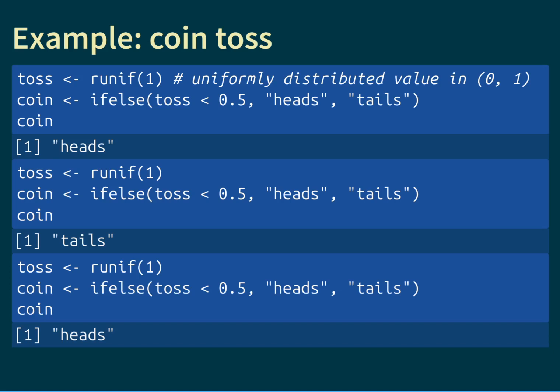Namely, in this program, we first generated a number that was randomly drawn between 0 and 1. Then we used that number in a logical comparison to check whether it fell below or above 0.5. And depending on the result of that comparison, we either returned the character string heads to represent the toss of heads, or the character string tails to represent the toss of tails.